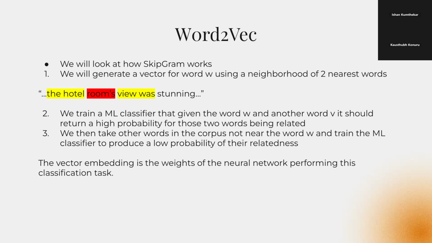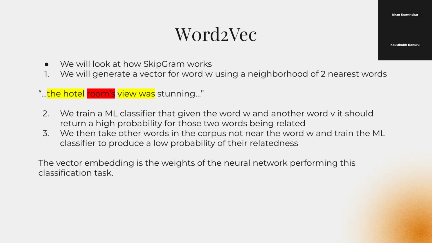Then we're going to train a machine learning classifier. This can be any sort of classifier. It can be a neural network. And we're going to train it. So we're going to be giving it the word W, a one hot encoding vector that represents the word W. And then the classifier should reproduce the neighboring words, which is going to be the hotel and view was, and should return a high probability for those two words being related.